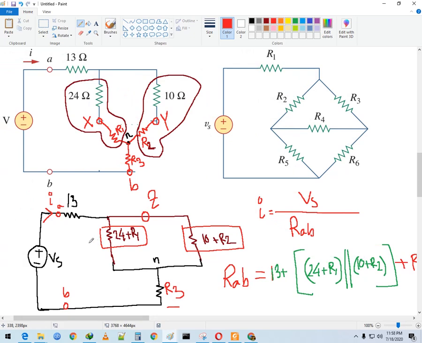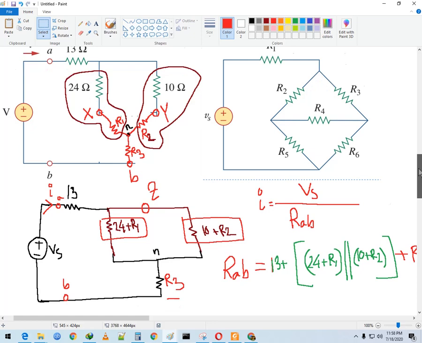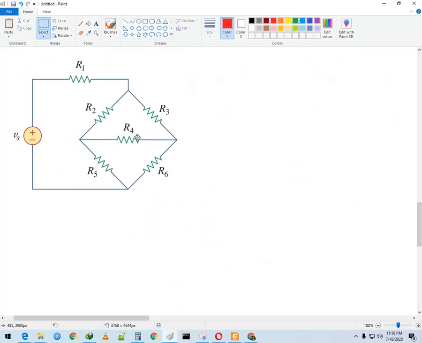Can we do the opposite? Can we convert any Y to delta? Answer is yes. Why not? So let us take another example. Let me copy and paste over here.